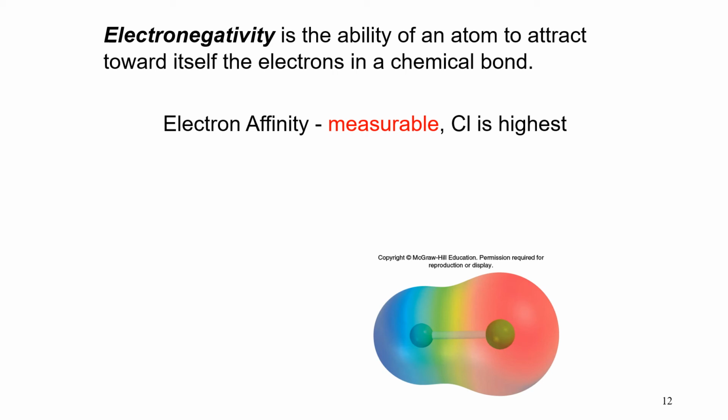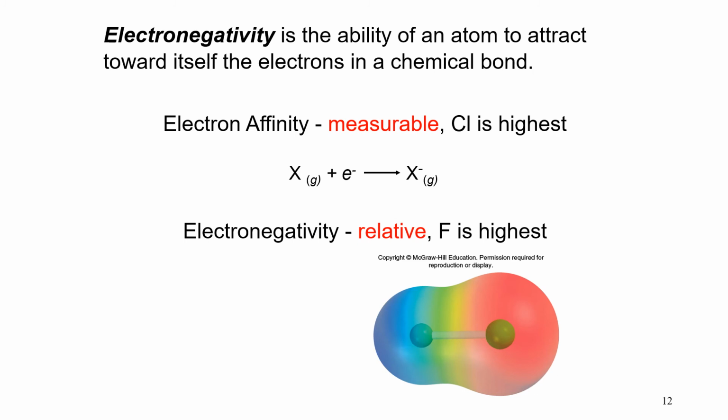This is a measurable property, and we aren't going to get into that, but it has to do with the amount of energy that's required to accept an electron, essentially, from another element. And electronegativity, as I mentioned in the previous material, is relative. These values were assigned by Linus Pauling, and they are relative to the fluorine atom.